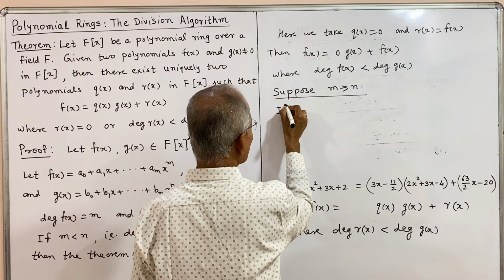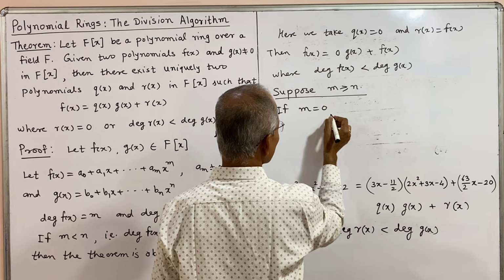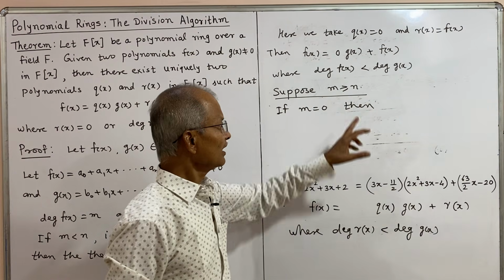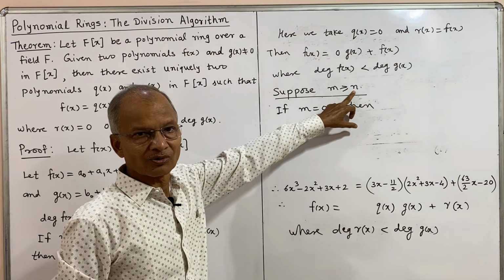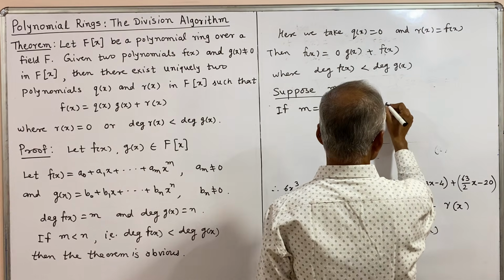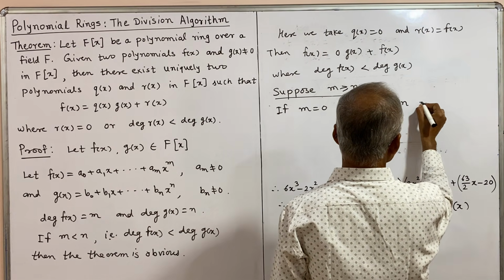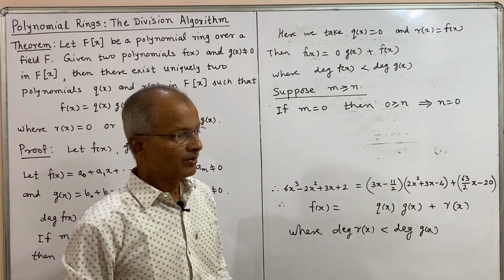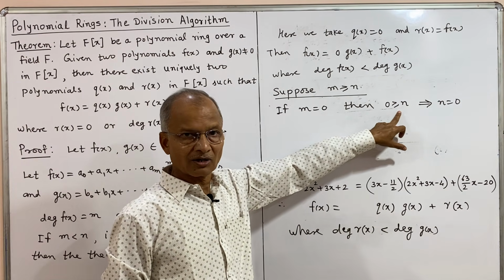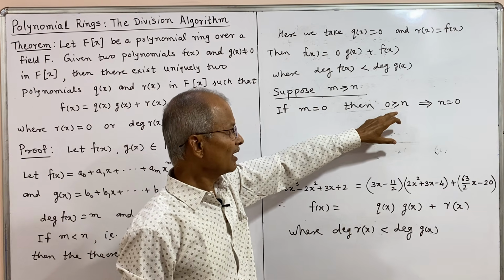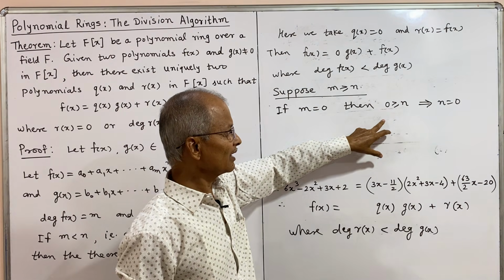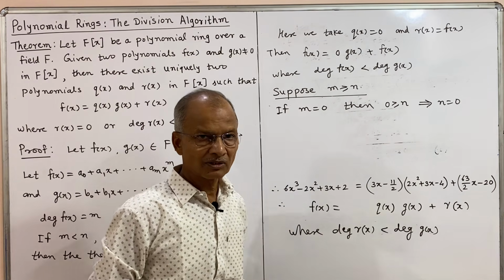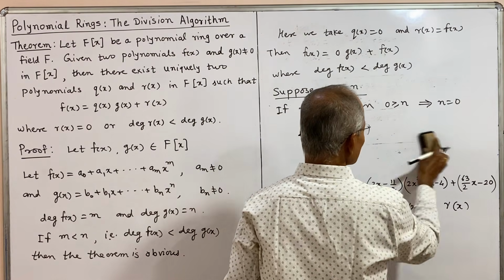If m is equal to 0, then 0 is greater than or equal to n. This implies n must be 0, because n cannot be negative, n is non-negative, and n is also less than or equal to 0, meaning n cannot be less than 0. Therefore n must be 0, and thus both are 0.